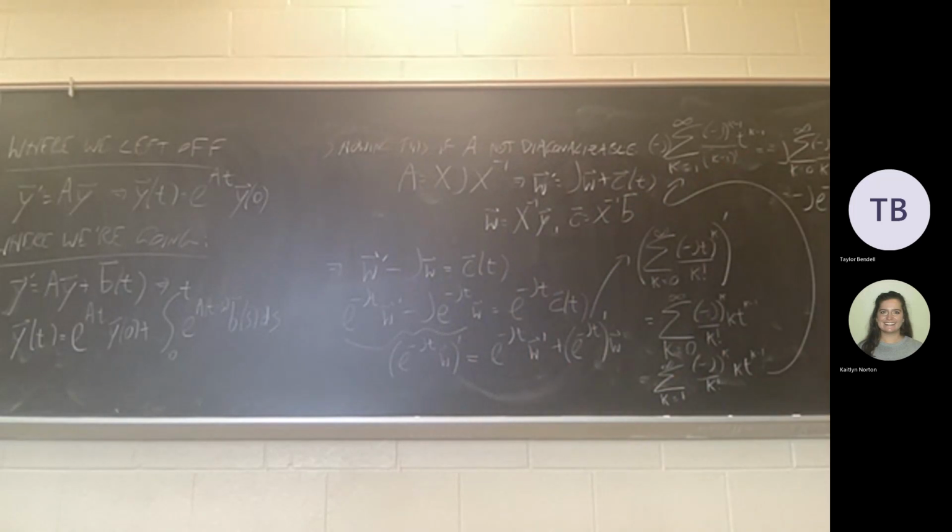So for that, I actually need to use a different definition of a matrix exponential than what I've been using. The whole time I've been using the definition as a Taylor series, just like the Taylor series for the scalar exponential.